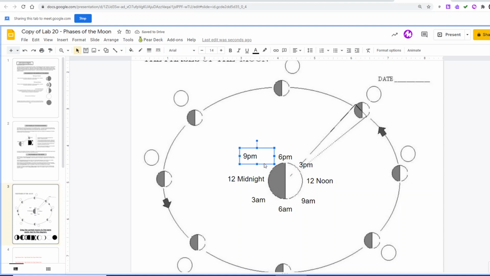So now that we have these times on here, we literally know what time it is at any given location. So if we're here, we know it's about 9 p.m. If we're here, we know it's about 3 a.m. If we're here, we know it's about 3 p.m. So at 3 p.m. on Earth, if you were to look up and see the moon directly above you, it would be mostly dark on the left with a sliver of light on the right.